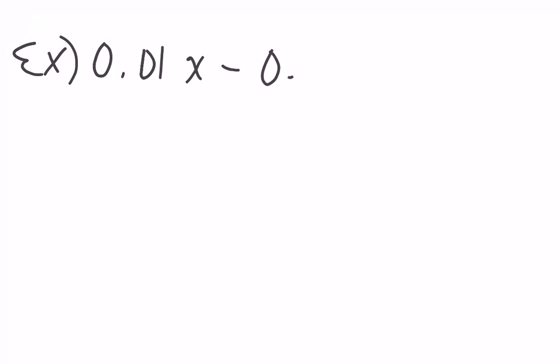All right, let's look at another example. We can do the same thing with decimals. So this example involves decimals. So 0.01x minus 0.3y equals 1.